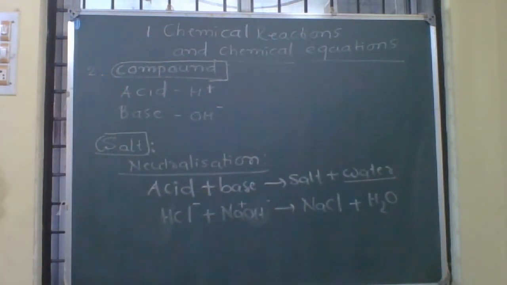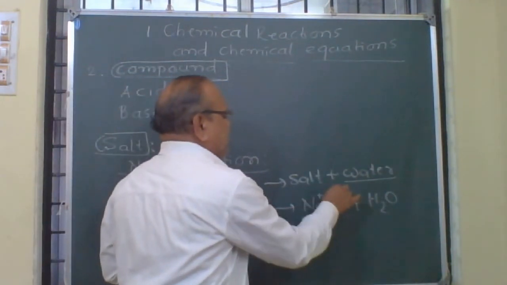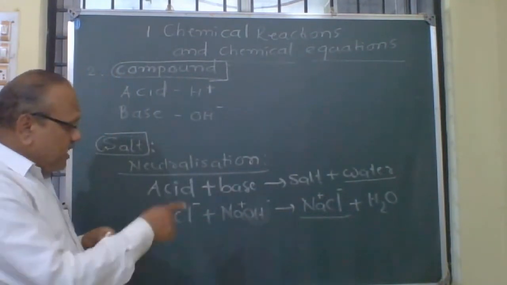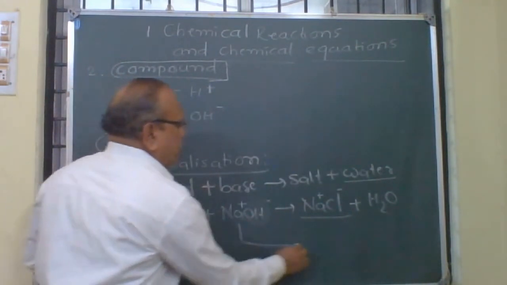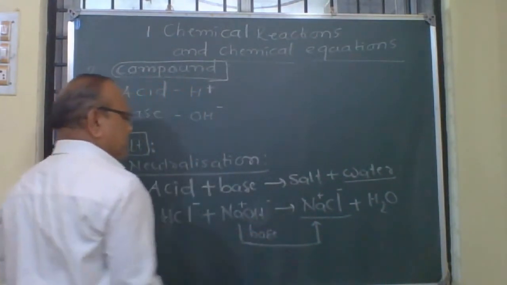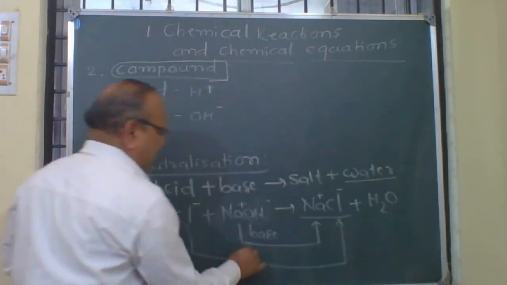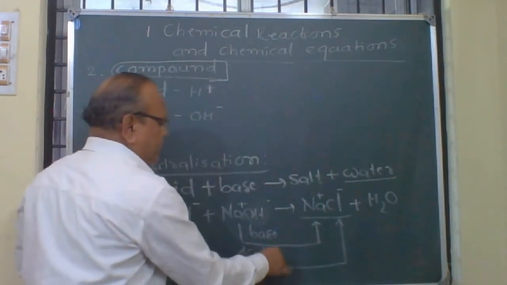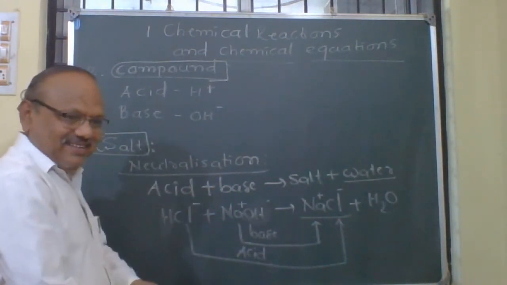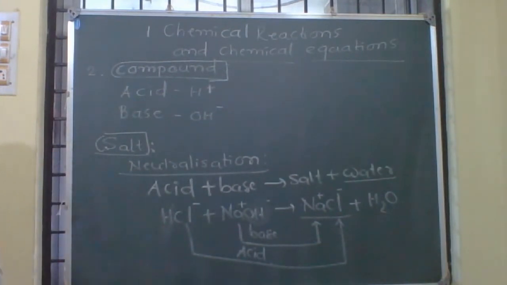Remember, whenever you think of a salt, two ions contribute to form it. The positive ion comes from the base. The negative ion of the salt comes from the acid. Remember carefully, this is a very important thing. Generally in a salt there will be two ions, a positive ion and a negative ion.